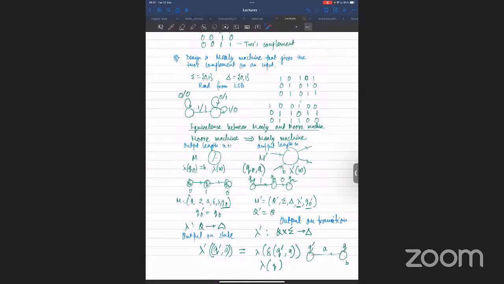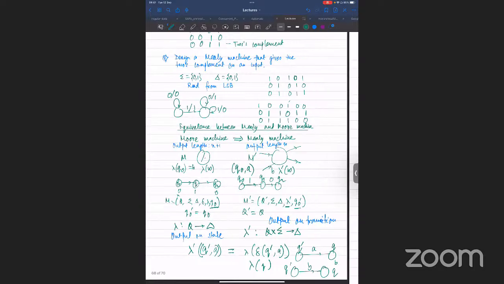As we saw, if the output on a particular state is B, in the Mealy machine we are going to put this on the incoming transition. Here you have q prime, here you have q, and so this is the Mealy machine, right? Okay, I think this is fine.